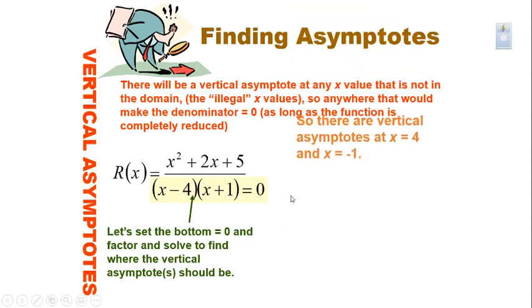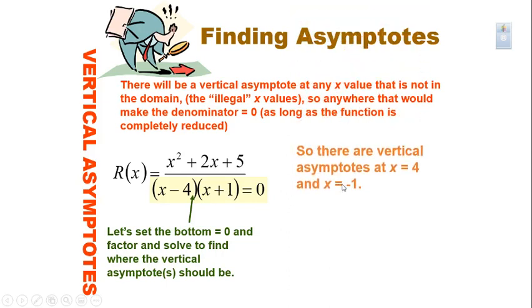Now once we find those domain restrictions, we plug them into the numerator to see if that causes the numerator to be 0 as well. If that doesn't cause the numerator to be 0 as well, then x equal to that number is a vertical asymptote. So when I plug in -1 here, I get 1 minus 2 plus 5. That is not 0. So x equal to -1 is a vertical asymptote.